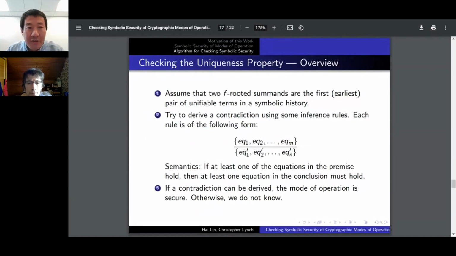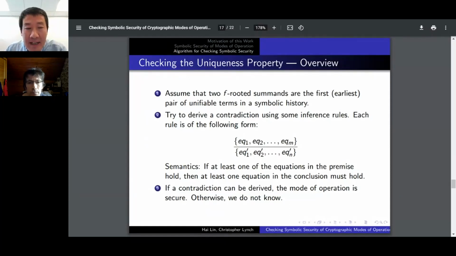Here's the overview. We assume that two F-rooted summands are the first, or the earliest, pair of unifiable terms in the symbolic history. And then we try to derive a contradiction using some inference rules, where each rule is of the following form. The premise is a set of equations, and the conclusion is also a set of equations.